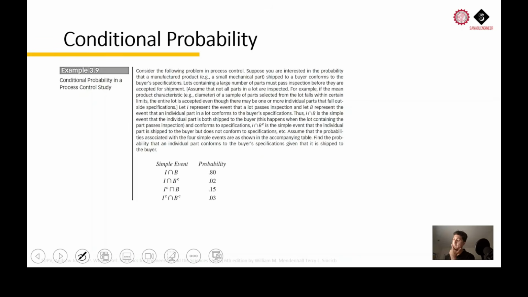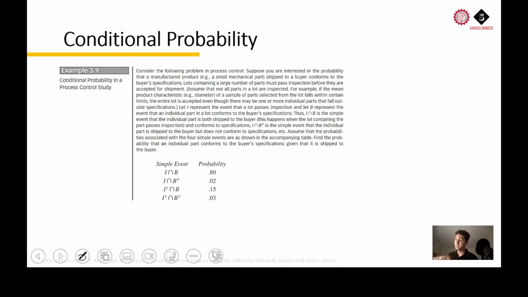First question, why is it called a simple event? I is a simple event, B is a simple event, but the intersection and the union of two simple events creates another simple event. So remember that it is not a compound event, right? Or an event, because we just learned that an event is a collection of simple events.